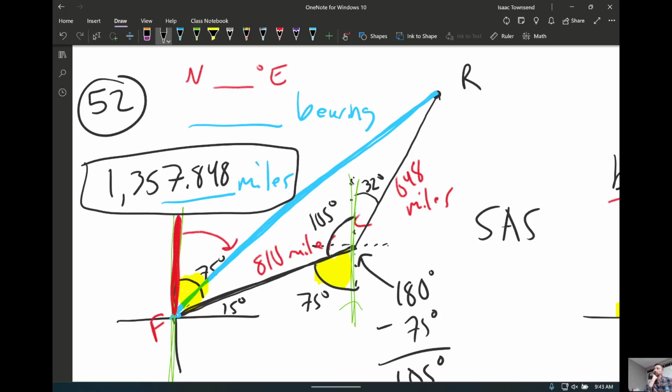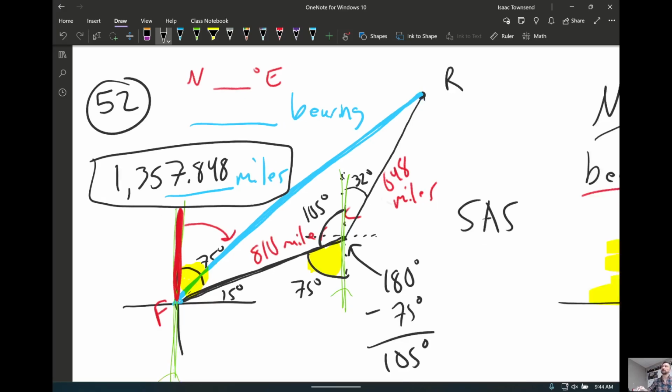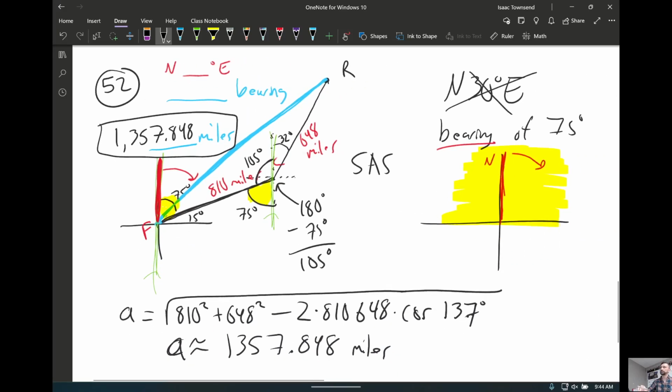Well, I know there's one thing I could do. I was trying to avoid it, but since I know all three sides of this triangle now, I could find this angle with law of cosines, and then if I know these two angles, I could subtract those from 180 to get this one. I was hoping there would be something a little bit more efficient, but I guess not, or I don't see it right away at least.